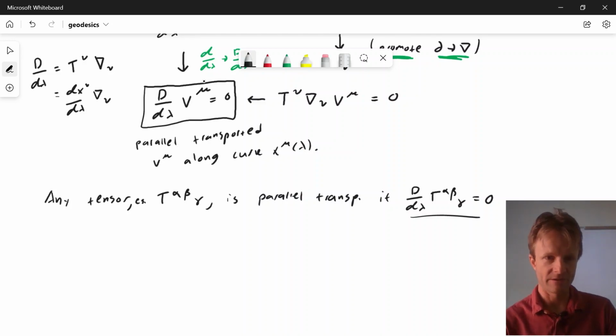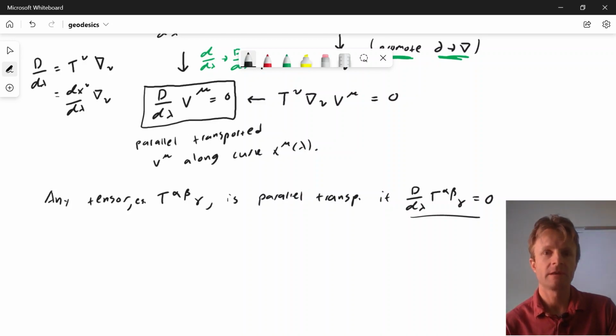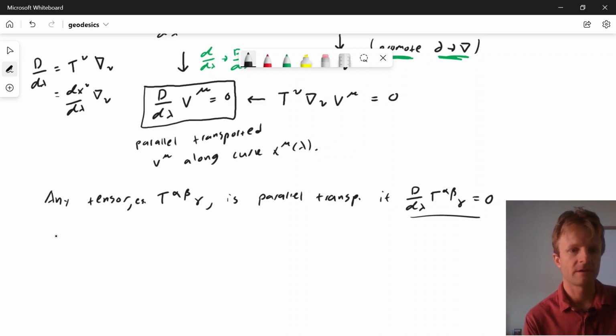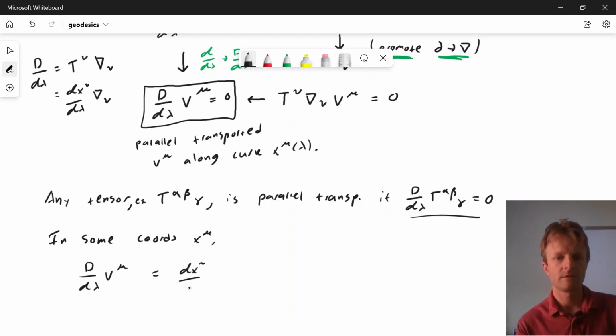So if you expanded out this equation of parallel transport, maybe that's worth doing to show you how it works. In some coordinates, to do a calculation, we could write d by d lambda v mu equals, and our definition of d by d lambda was dx nu d lambda, covariant derivative acting on v mu.